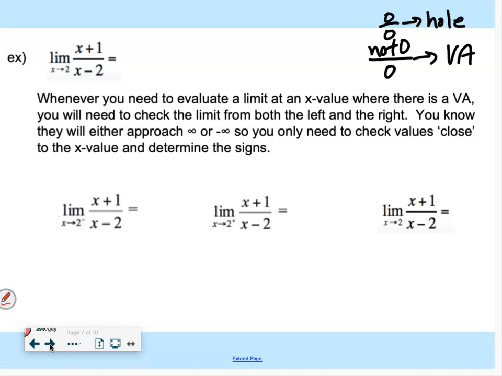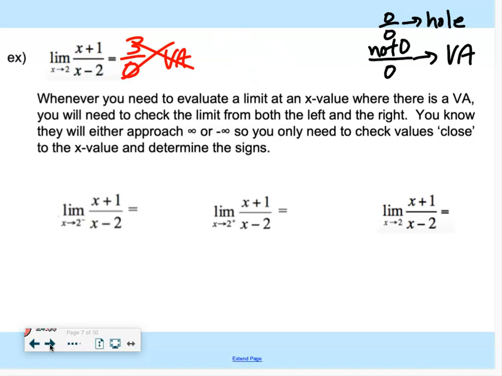Okay. So years ago, I would have written that, and I would have said, okay, so this limit, it's 3. You plug in, you get 3 over 0. So that means we've got a vertical asymptote. So then I would have checked my left, my right, and then come back with my answer, or negative infinity or DNE or whatever the answer was.